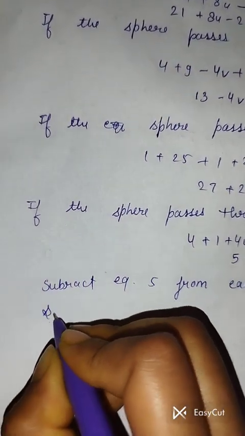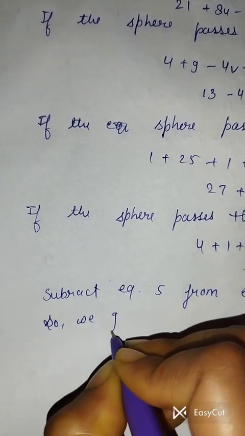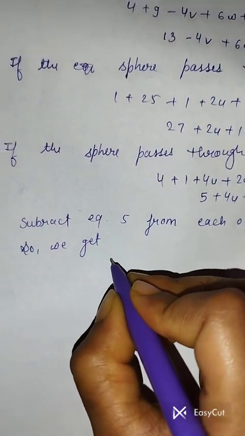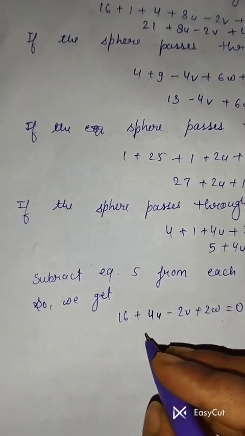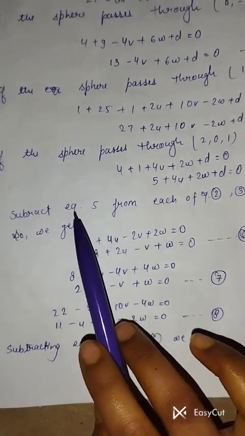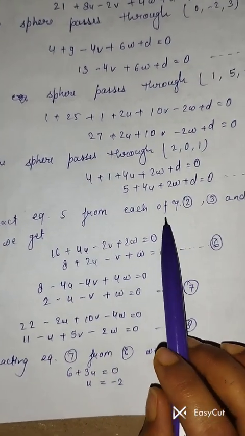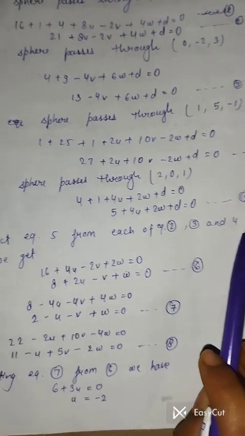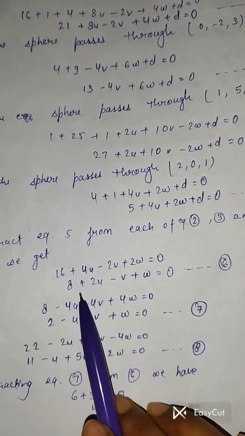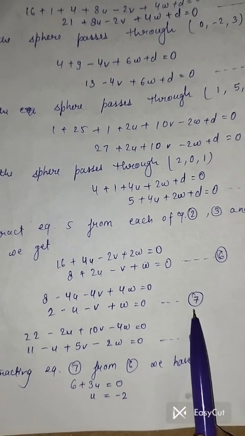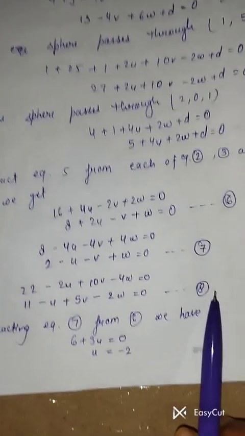So we get, by subtracting equation 5 from each of 2, 3, 4, the following result, that is equation number 6, 7 and 8.